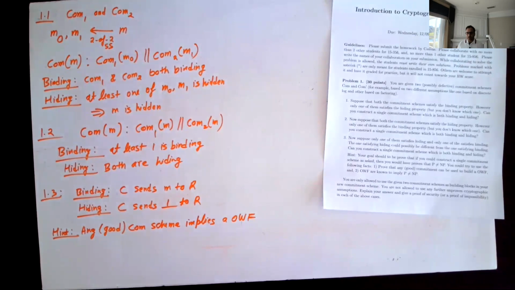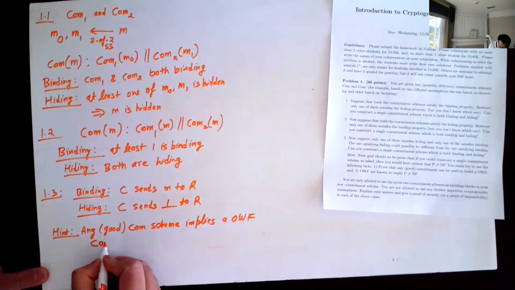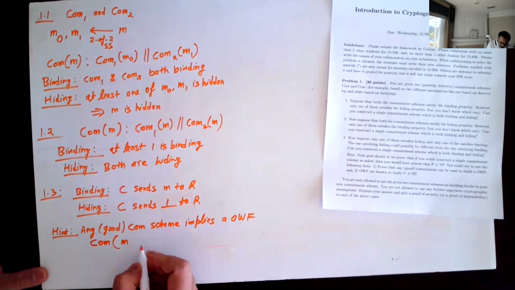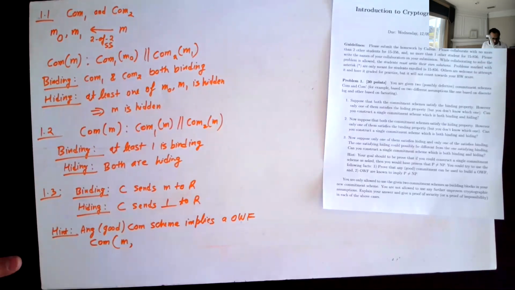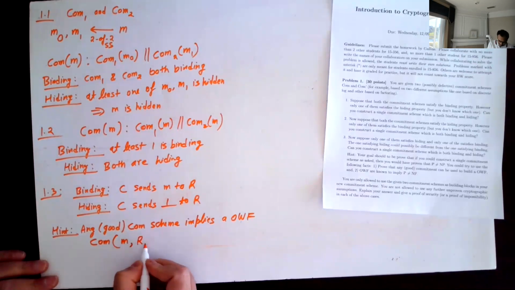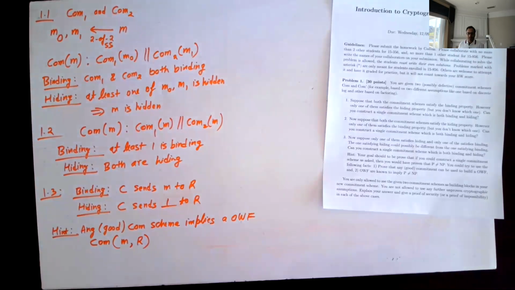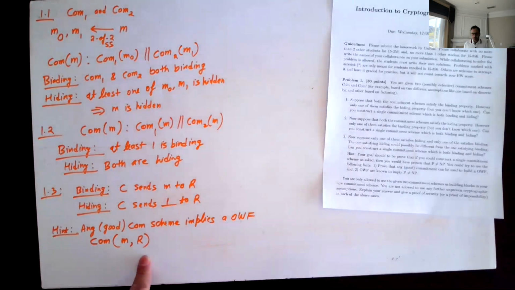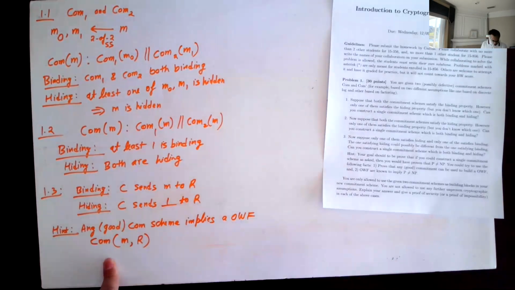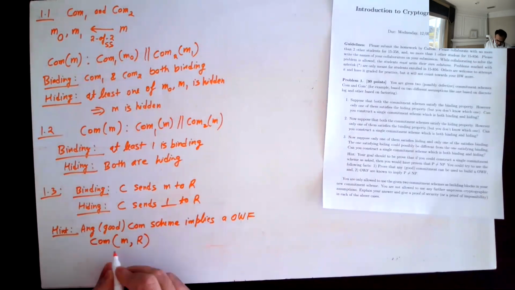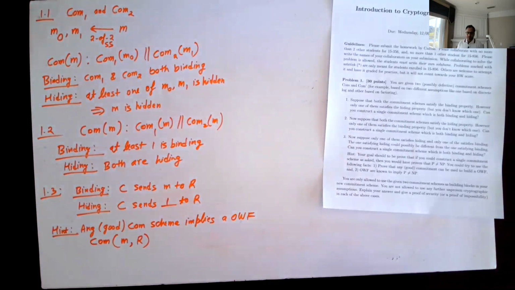And this is easy to see because, given the commitment to some value, let's say the message, and remember that a commitment scheme has two inputs, first the message M and the other the randomness R. Given these, if you could recover M and R or any equivalent of M and R, then you have broken the hiding property, right? So any good commitment scheme implies a one-way function, and that follows from the hiding property.